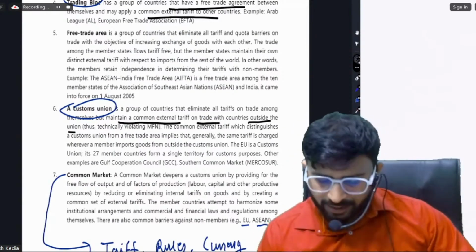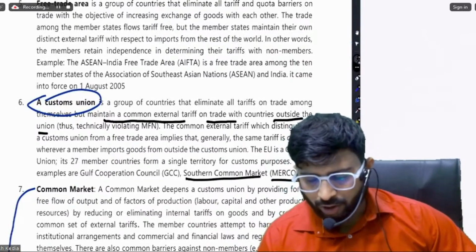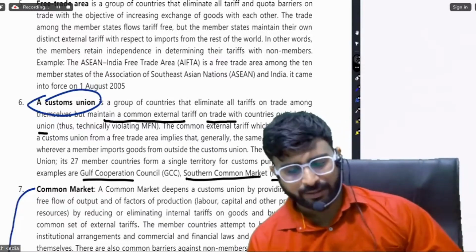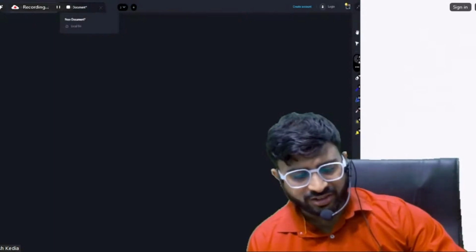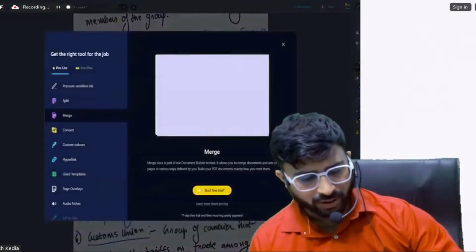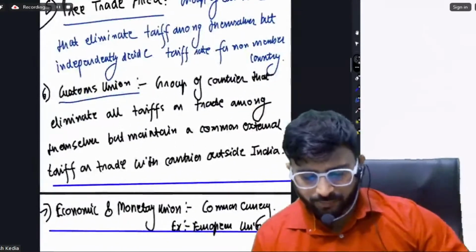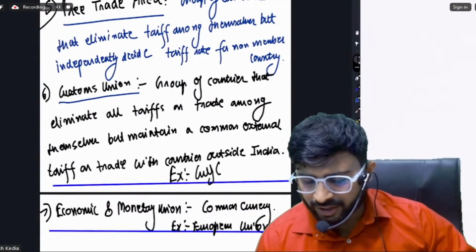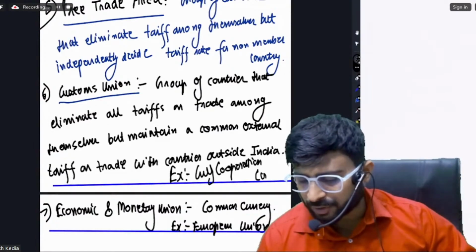Examples are the Southern Common Market and the Gulf Cooperation Council, GCC. Just remember the examples. Very important. So there is no hard difference between the two.